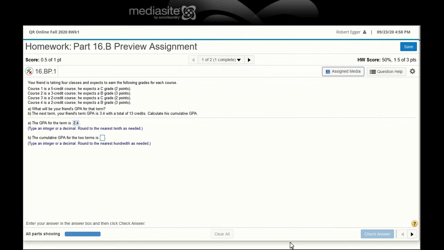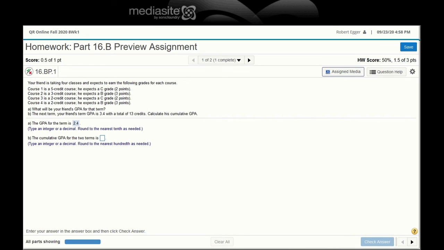So this was a weighted average question. And part A was, what is your friend's GPA based on this amount of credit hours and point value of grades? Now in the tutorial, I set up a little graph which gave them credit hour, point values of the grade, and then total points.